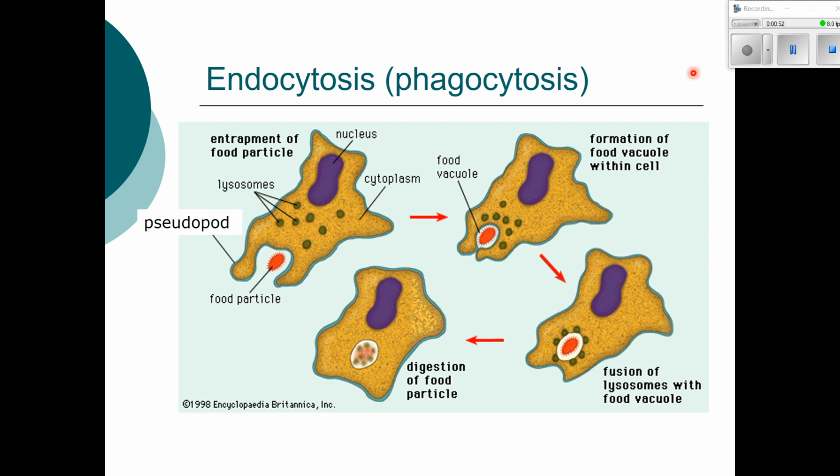These last 2 big types of transport that we're going to discuss are sometimes referred to as bulk flow, because instead of individual molecules crossing through a phospholipid bilayer or passing through a channel protein or being carried across one at a time by a carrier protein, this is large amounts of substances being quickly scooped up or gulped or swallowed up, you might say, by the cell, or spat out by the cell.